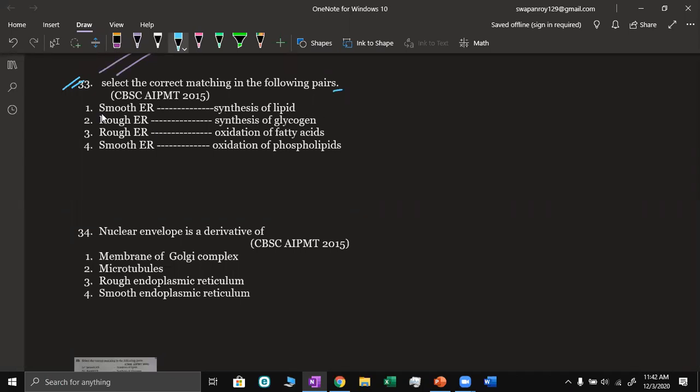Option 1, the smooth ER is synthesis of lipid; rough ER synthesis of glycogen; rough ER oxidation of fatty acid; smooth ER oxidation of phospholipid. Which one is correct matching?